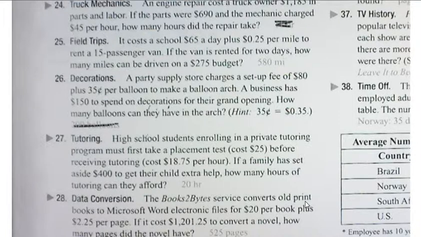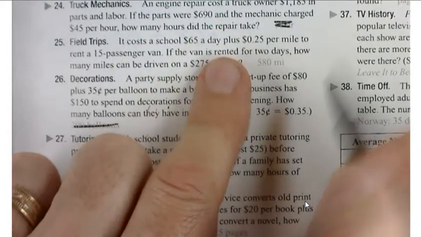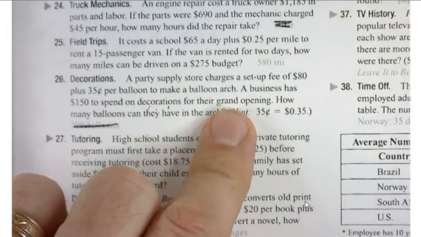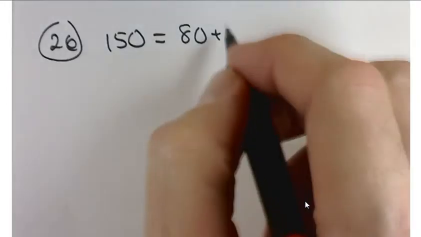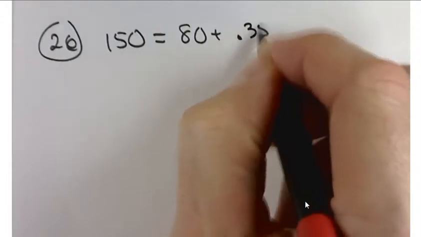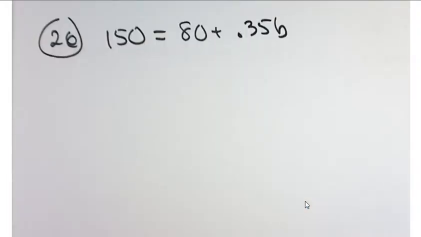What kind of expression can I write for 35 cents per balloon? 0.35 times X or 0.35 times B. I like the idea of 0.35 times B because B is reminiscent of the problem itself. It's the number of balloons that we're going to end up with. You can use an X, that's fine. No problem there.